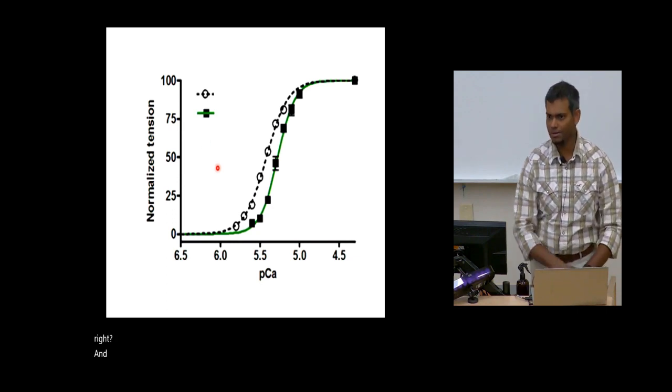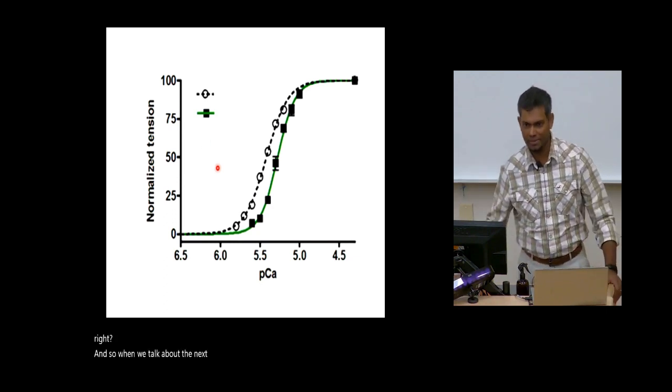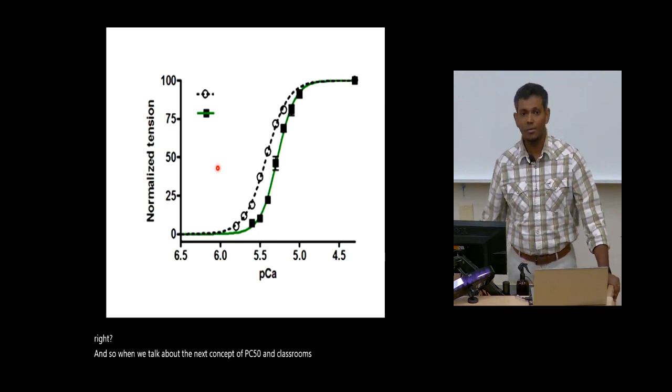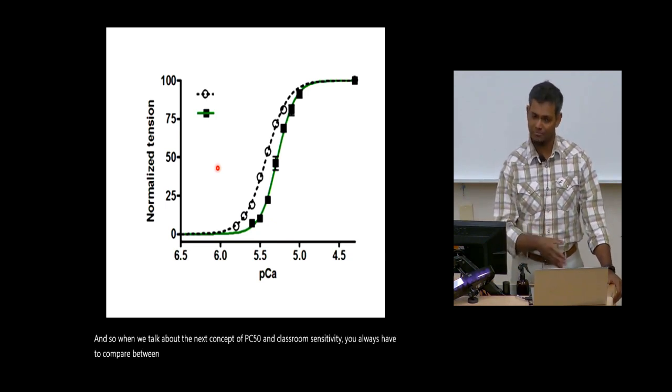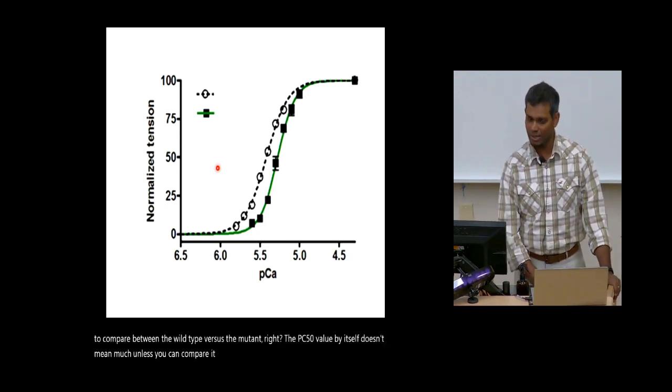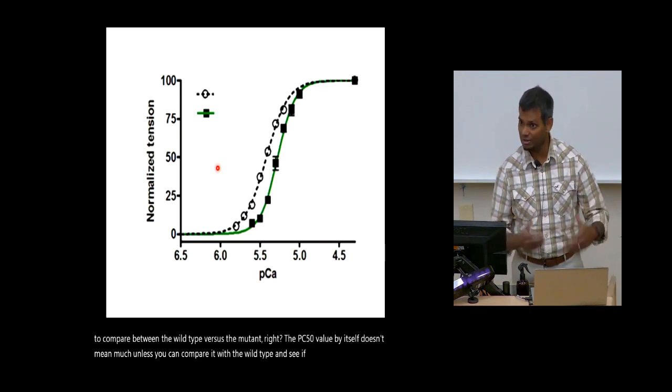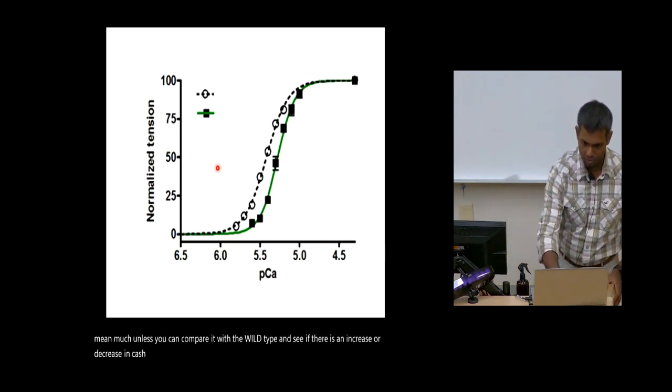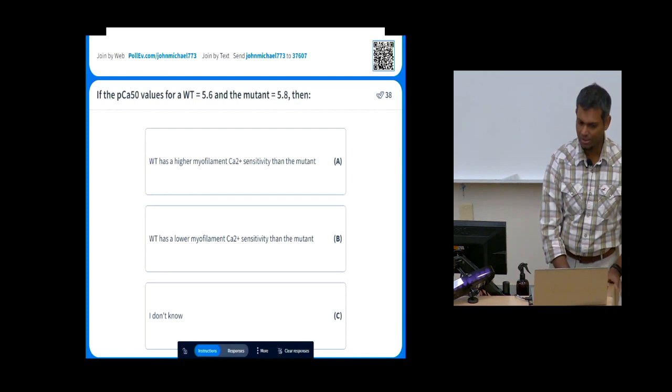And so when we talk about the next concept of pCa50 and calcium sensitivity, you always have to compare between the wild type versus the mutant, right? The pCa50 value by itself doesn't mean much unless you can compare it with the wild type and see if there's an increase or decrease in calcium sensitivity. So in that regard, let's look at this question.